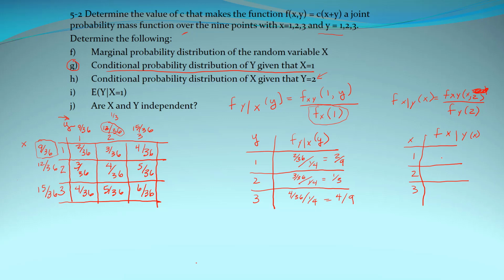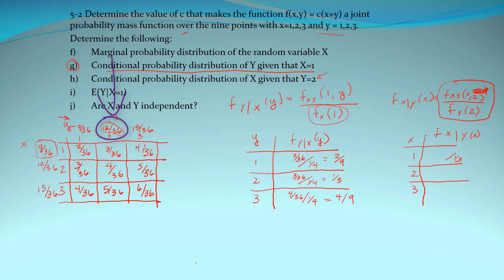So basically, we're using this equation right up here. So the world we're living in is that marginal probability where y is equal to 2, and that is going to be 1/3 on the bottom, right? Because we already found it over here.